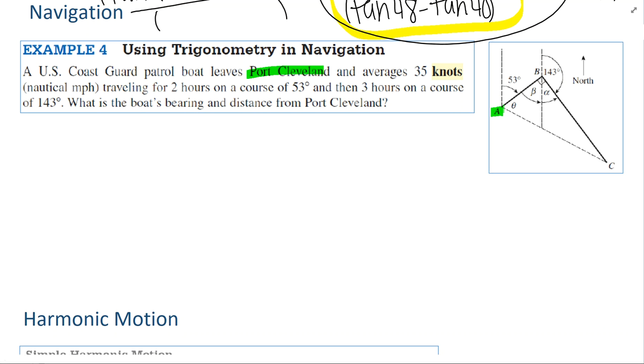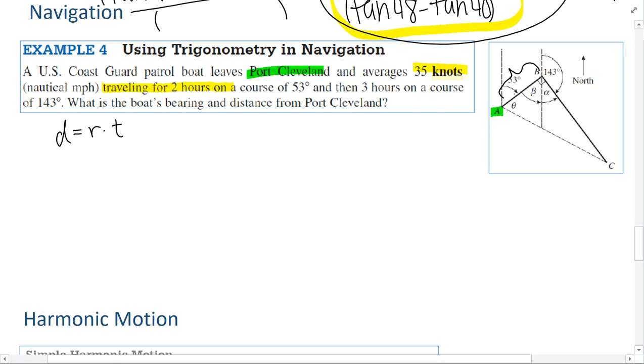Okay, and so we end up traveling to B, which is our first set of our course. It's traveling for 2 hours at 35 knots. One old school formula that we need to remember is distance equals rate times time. So there's a distance here.